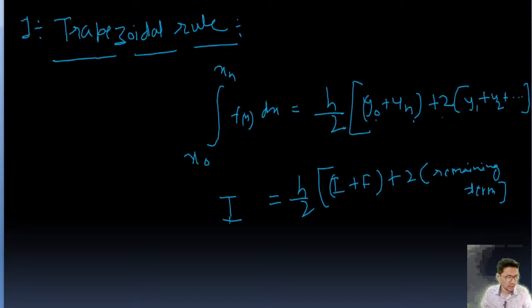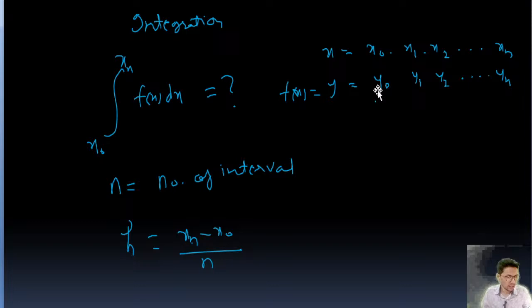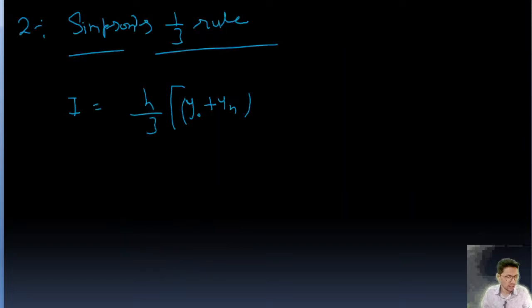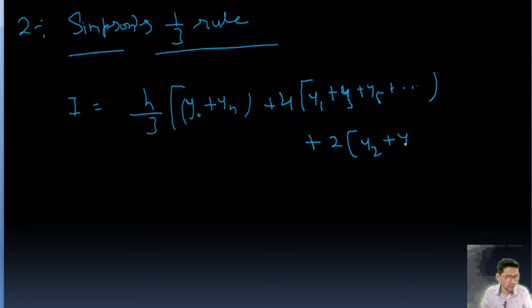These are the values, y naught plus yn, plus 4 into y1 plus y3, plus 2 into y2 plus y4, and so on.